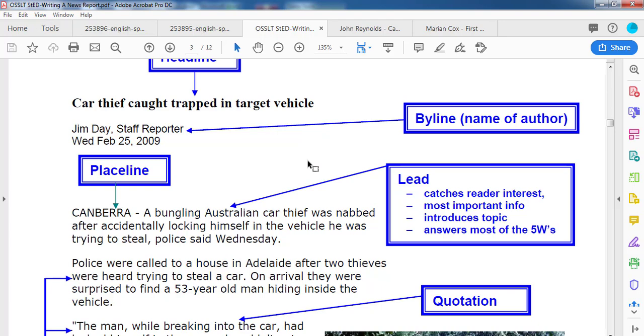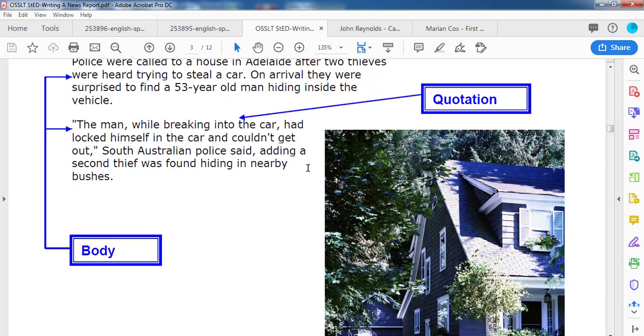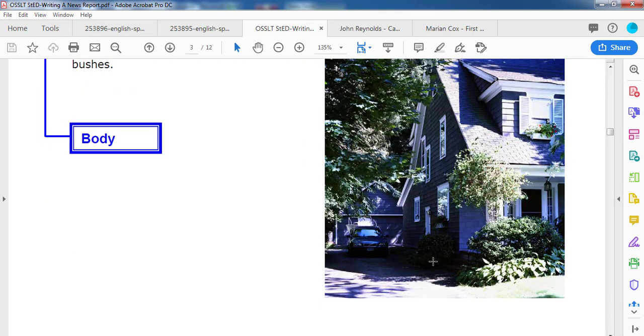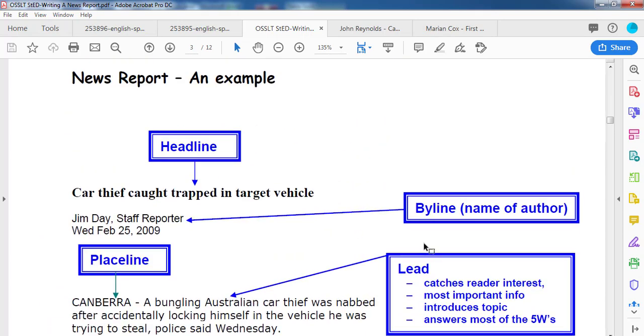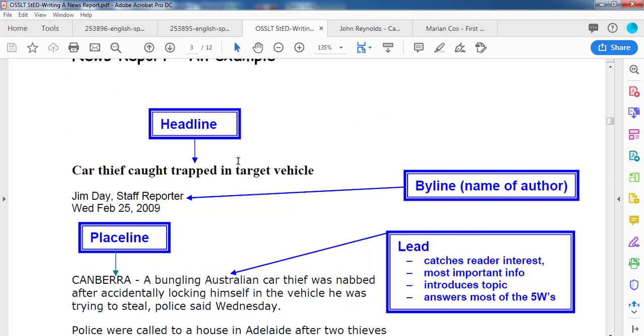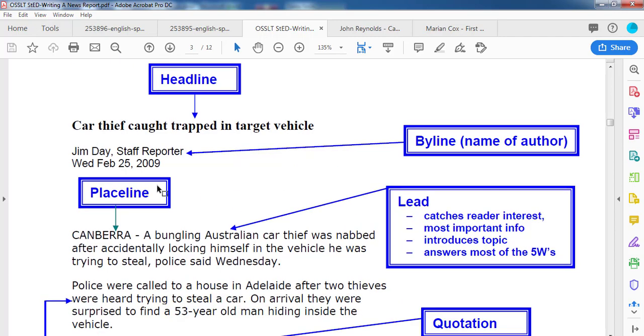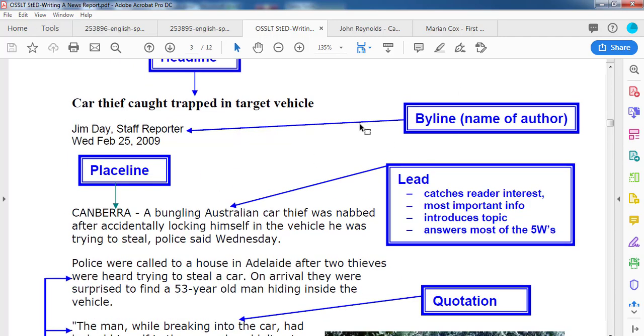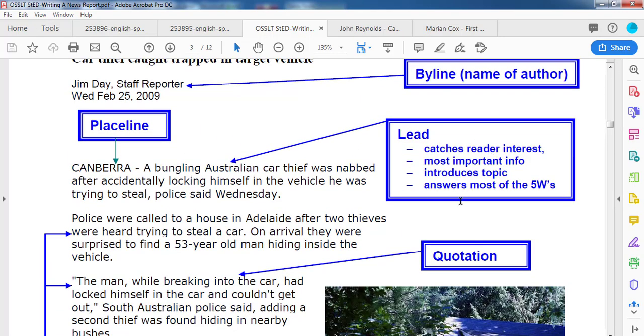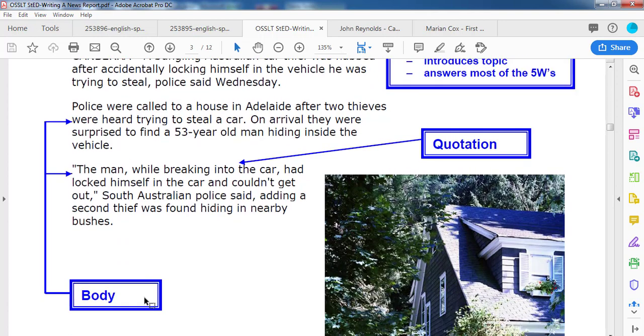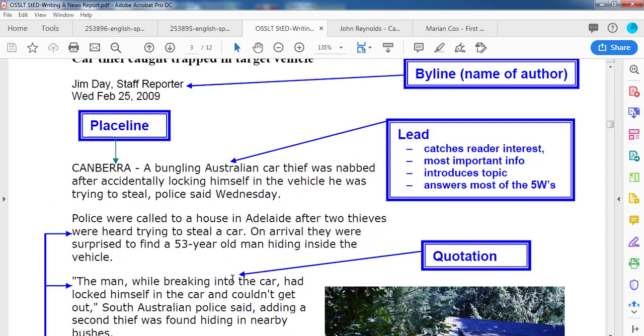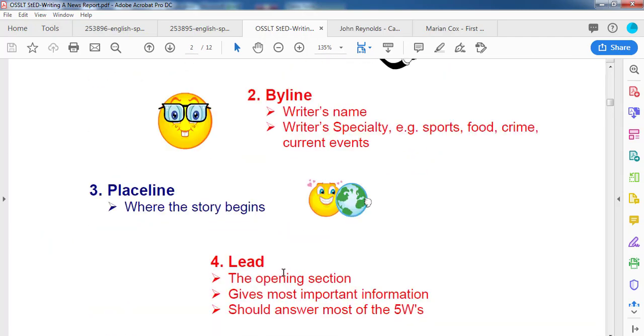This is a type of report, a newspaper report. This is the picture or the illustration, the headline, the place line, the byline, the lead paragraph, the quotation, which is a part of the body paragraphs.